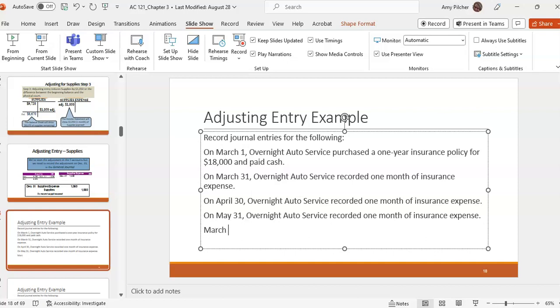Let's just look at one journal entry for March 31, where we would have insurance expense. So a 1 year policy of $18,000. We need to take that 18,000 and divide it by 12, which is $1,500.